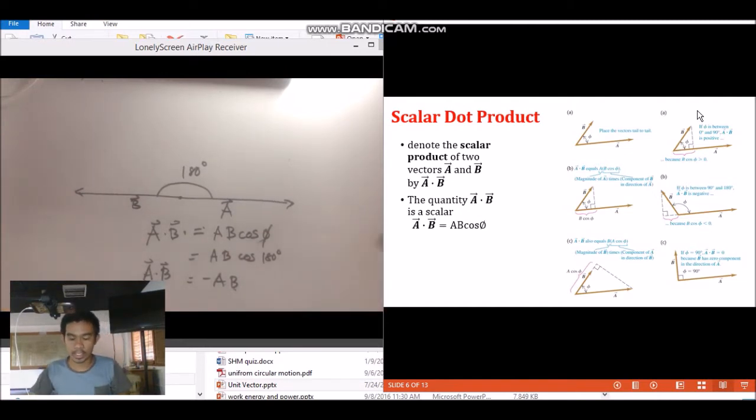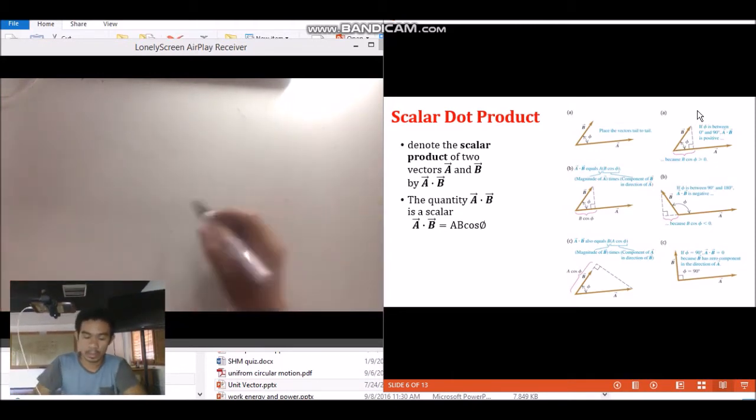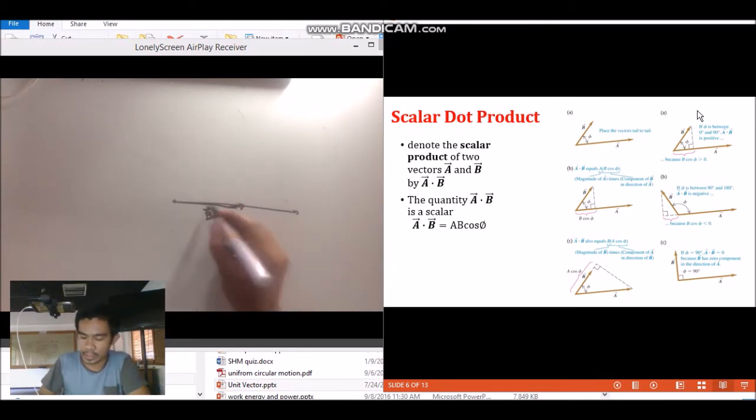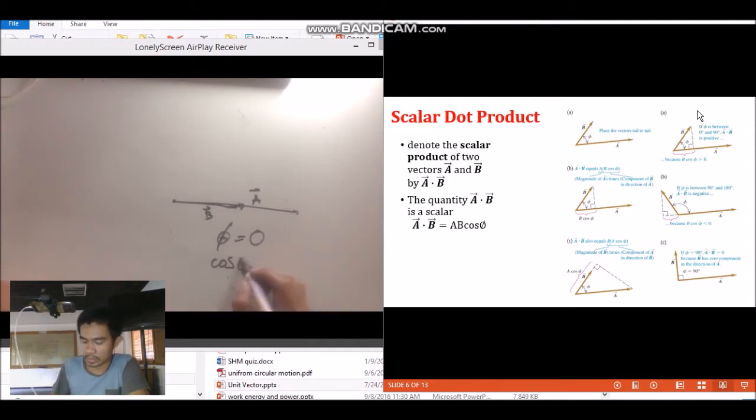Now how about parallel? Two vectors are parallel, pointing in the same direction. If this is vector B and this is vector A, they are pointing in the same direction. What's angle phi equal to if they are parallel? That is 0. What is cosine of 0? That is equal to 1.